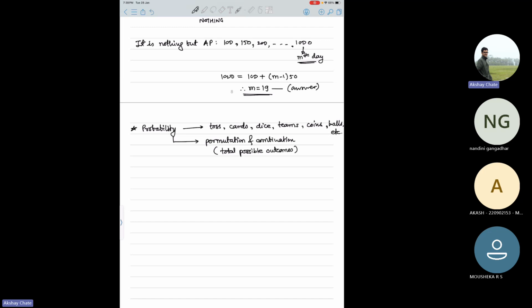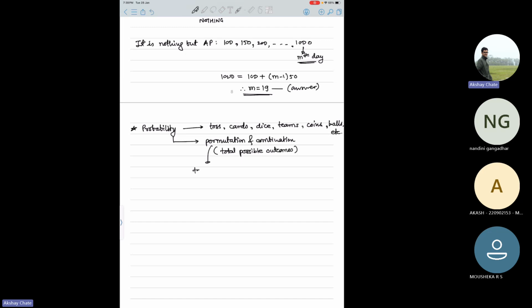For example, if you have 10 fruits or 10 people, I should not say fruits because they are mostly considered as identical objects. Let's say you have different people, a group of 10 people. Then if you want to calculate the number of ways in which we can take different photographs of this group of 10 people, that comes under the permutation kind of thing.